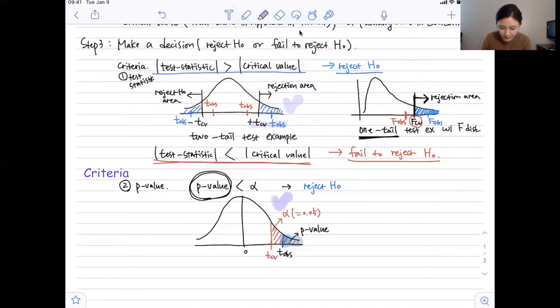However, in the bottom graph, I compare the proportion over the T observed value and the proportion after the T critical value. So we compare the area after the T observed value and the T critical value in the bottom, and we just compare the test statistic and T observed value on the top. So anyways, this is the rejection area. That is why we reject the null hypothesis.